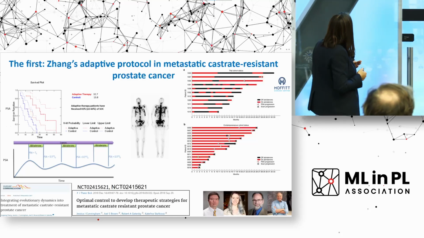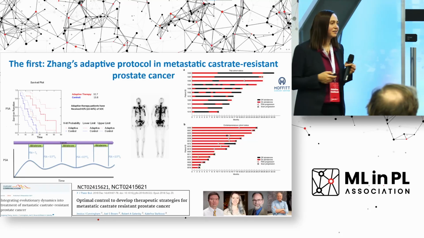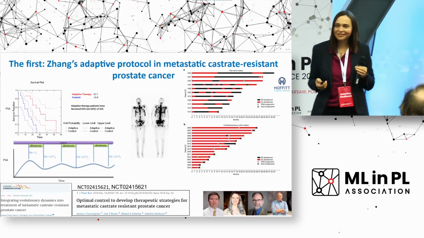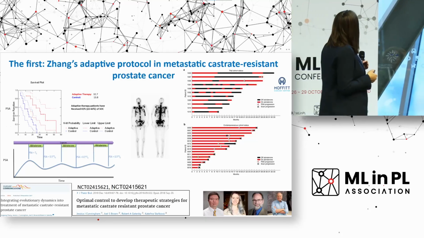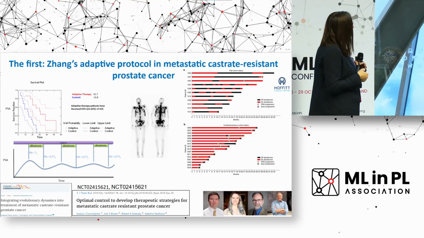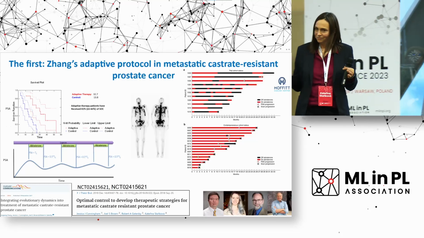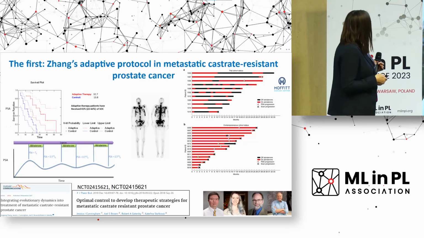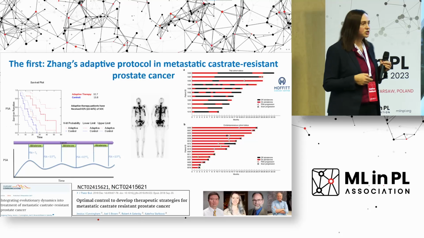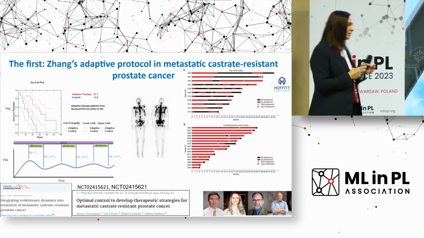And if you compare the time to progression, so these are Kaplan-Meier curves, the medical guys love it. It estimates how many months you are going to live. The patients in this initial trial doubled to tripled the time to progression compared to the standard of care. Okay? And because it is now so successful, there is another trial which repeats it, and there are many other cancers where we repeat it.